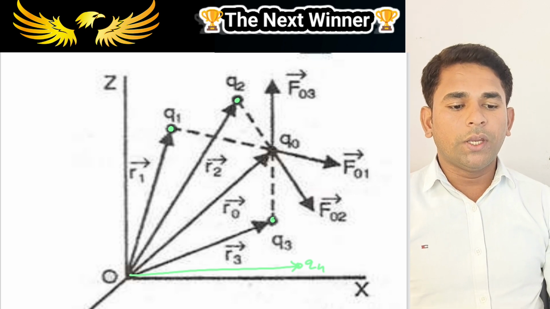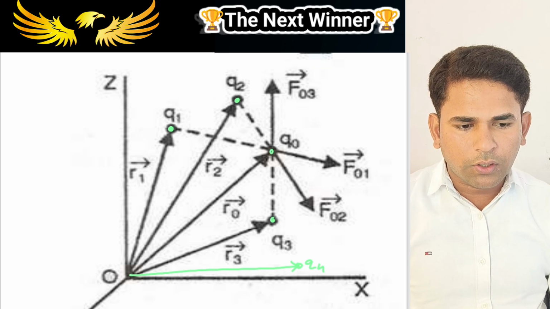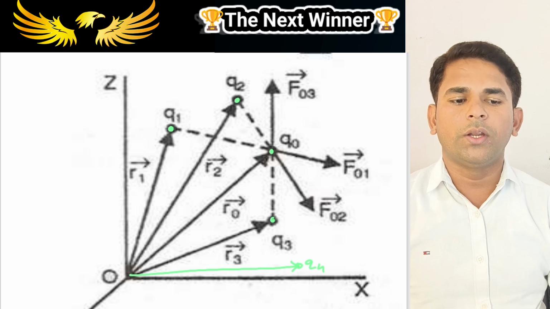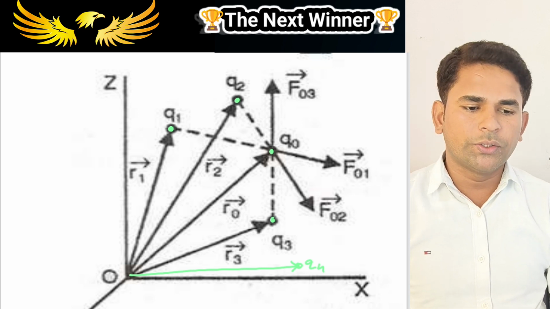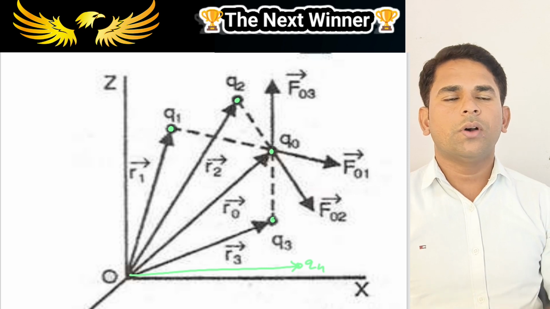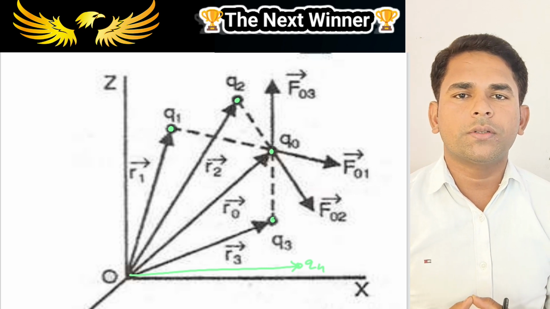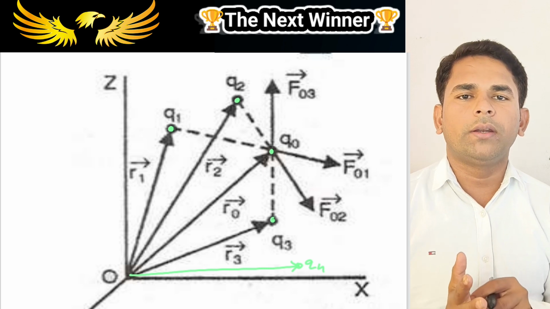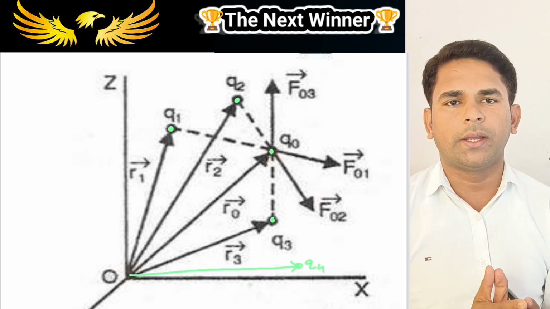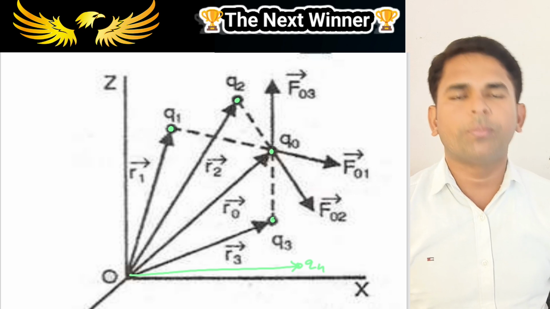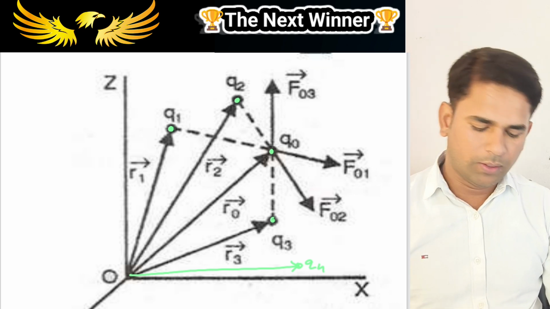We need to find the resultant force on q0 due to q1, q2, q3 and the rest. So how can we find it? Finding the total force at one single point due to a number of charged particles is known as the superposition principle.